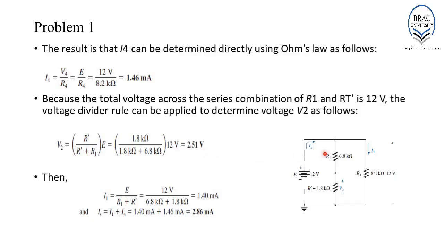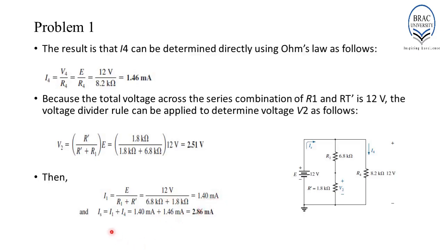Now, we can determine the current flowing through this branch, because as we can see, over here there is a node. So if we apply KCL here, then Is, the source current, must be equal to the current flowing through this branch and the current flowing through this branch. We can determine the current through this branch using the formula I1 equals E divided by R1 plus R prime, which is equal to 1.4 milliampere.